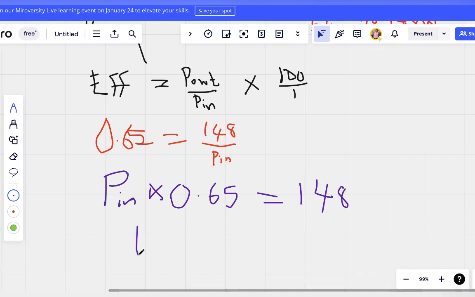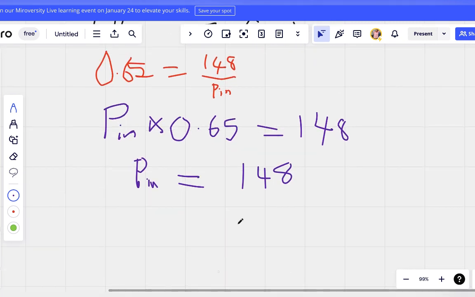So P in, that's the input power, is equal to 148 divided by 0.65, or you say divide both sides by 0.65. 148 divided by 0.65, what do we get?